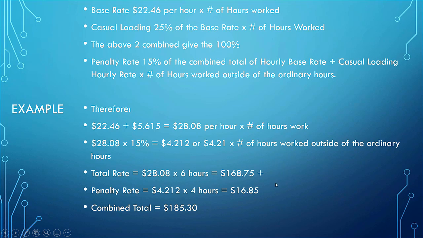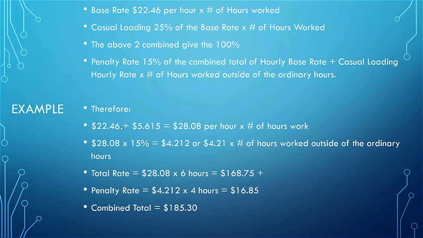It took me a while to wrap my head around base rates, casual rates, penalty rates, etc. And I have put together a spreadsheet. Now, again, it just depends on what your hourly base rate is. So remember, if you're a more experienced operator, a call center operator, your hourly base rate might be a lot higher.